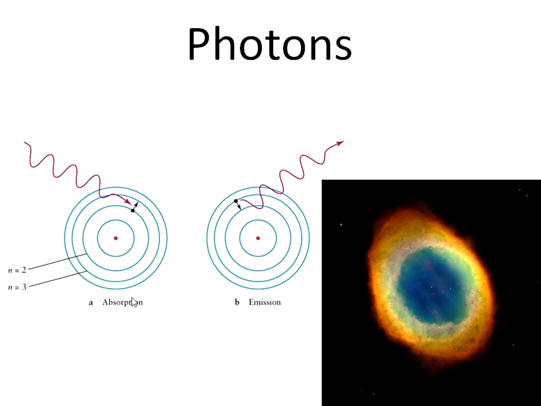And by understanding the exact way that particles of light interact with various types of atoms, this is what allows us to determine that in this planetary nebula we're looking at oxygen and nitrogen and hydrogen. The only way that we can determine that is through our understanding of the way that particles of light, photons, interact with various types of atoms.